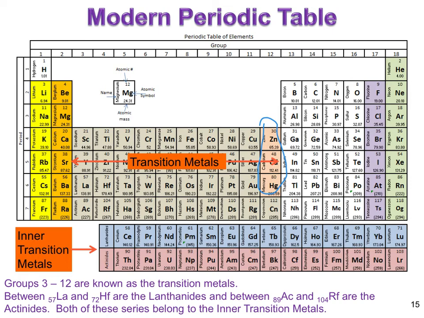Then the intertransition metals are those lanthanides and actinides that are pulled out of the periodic table from group 6 and group 7, and they are at the bottom of the periodic table.